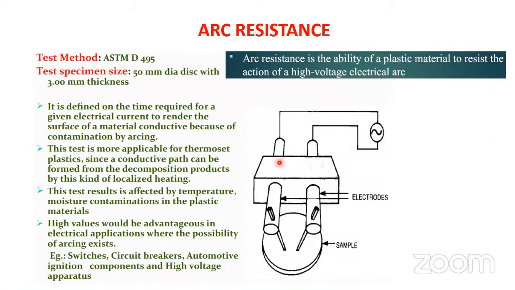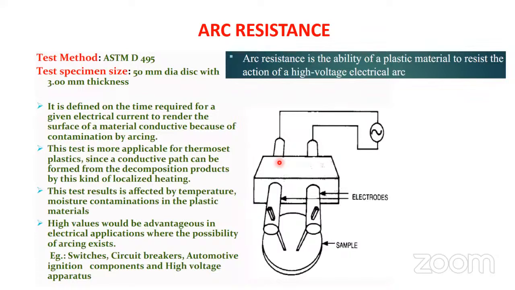And the last one is the arc resistance. Arc resistance is the ability of a plastic material to resist the action of high voltage. That means how much high voltage the polymeric material can resist can be calculated using the arc resistance.